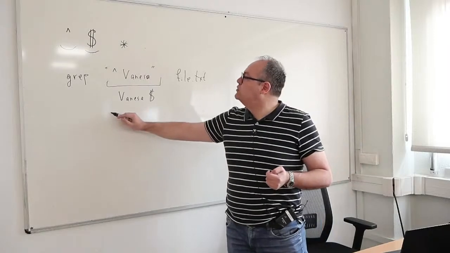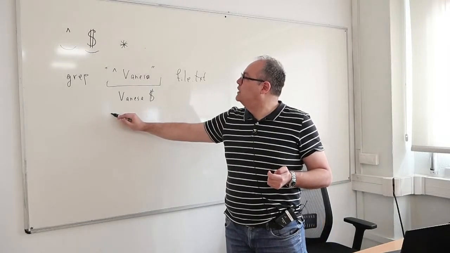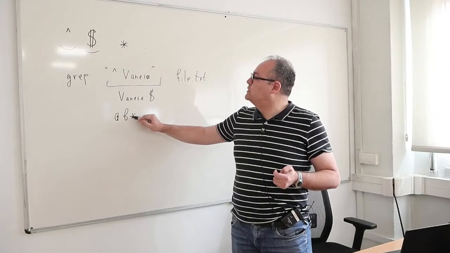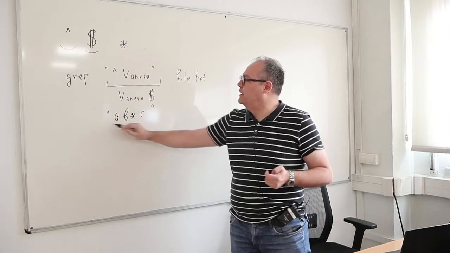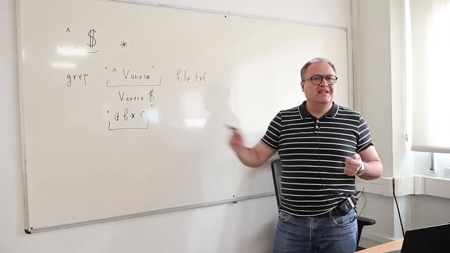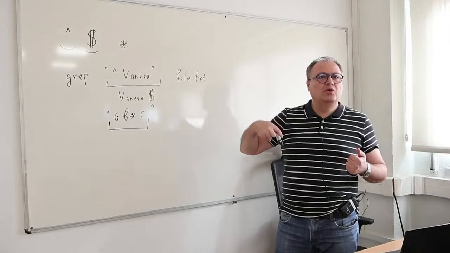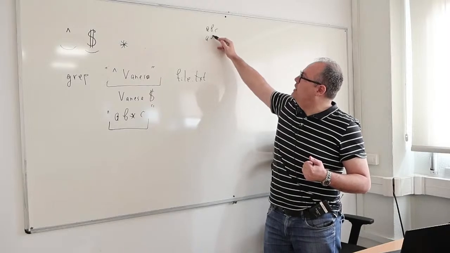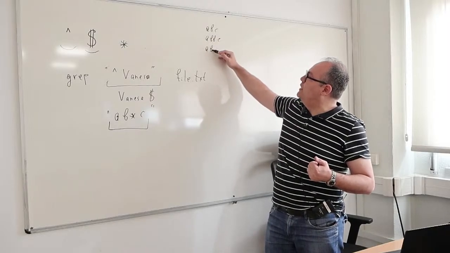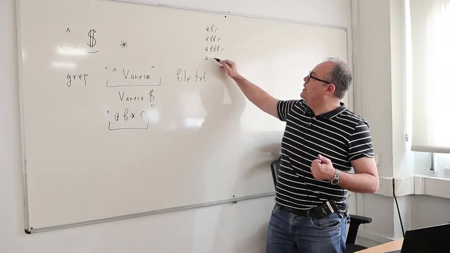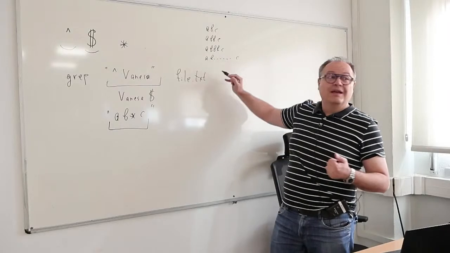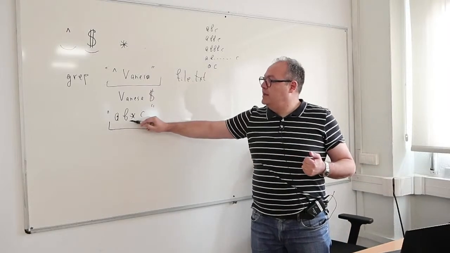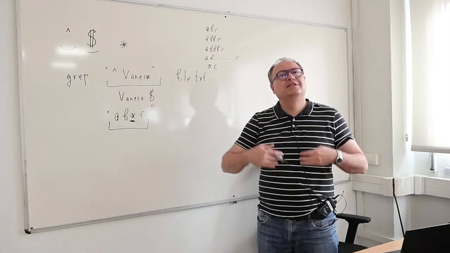If I would like to find all lines that contain, for example, A, B, asterisk, and C. What does it mean? It means that I am displaying all lines containing either ABC or ABBC or ABBBC or ABBBBBBBC, and it is possible also that the line contains AC, because asterisk is a repetition zero times as well.